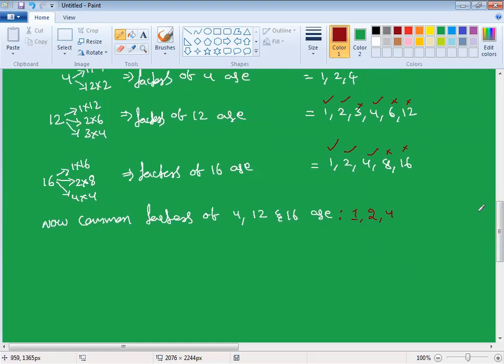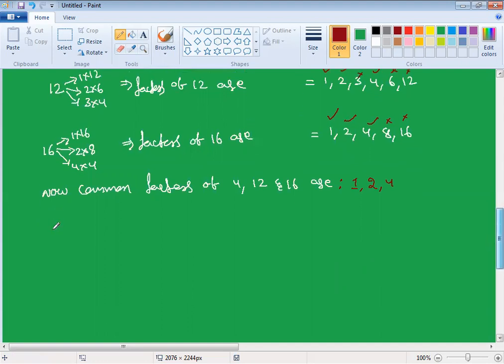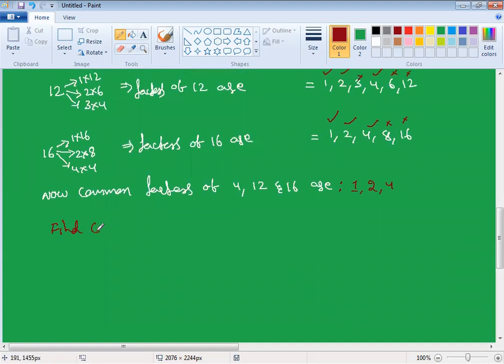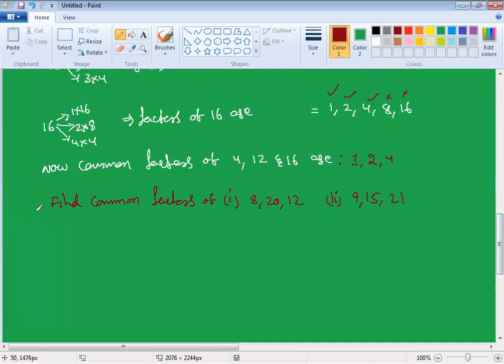In the same way, we can find common factors. Find the common factors of 8, 20, 12. Second one: 9, 15 and 21. These are homework.